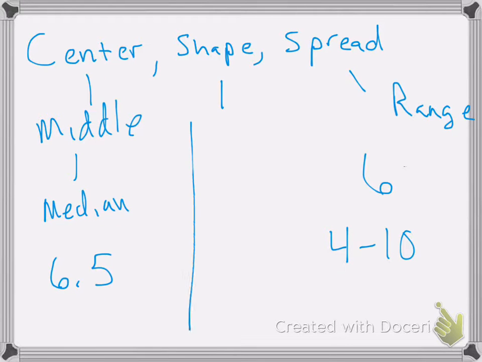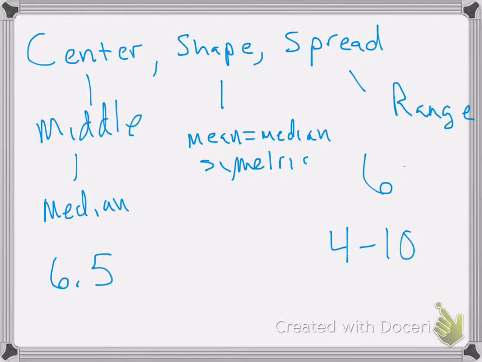Remember that long strip that I gave you with all those nice little shapes on it? Well, I would definitely have that strip out, because remember, if your mean is equal to your median, it's symmetric. If your mean is less than your median, it is left skewed.